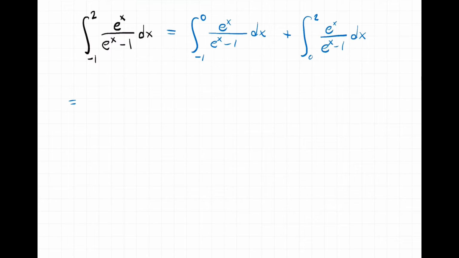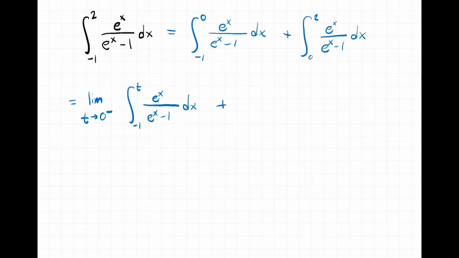The first one is going to be the limit as t goes to 0 from below of the integral from -1 to t of e to the x over e to the x minus 1 dx. I changed that problematic upper bound, 0, into a variable t, and now I'm going to look at the limit as t approaches 0 from below.